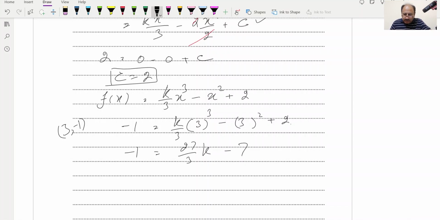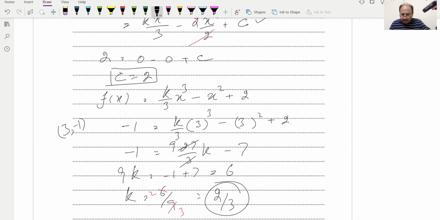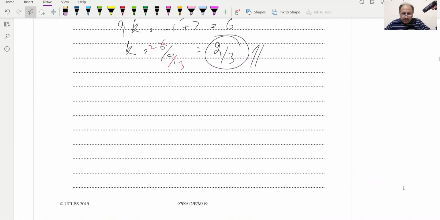This side is minus 1, so 9k is equal to minus 1 plus 7, and this will be equal to 6. So k is equal to 6 over 9, which simplifies to 2 over 3. This will be the k value which is required, which we have done.